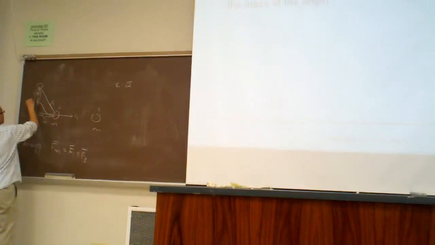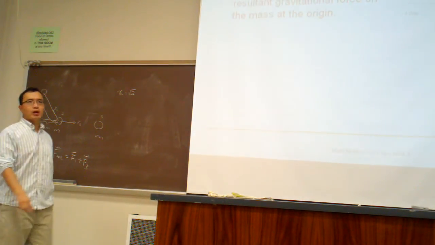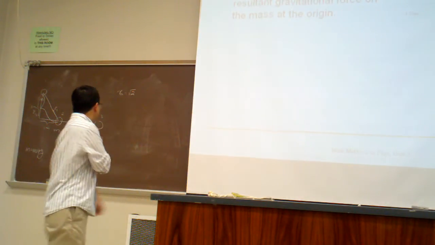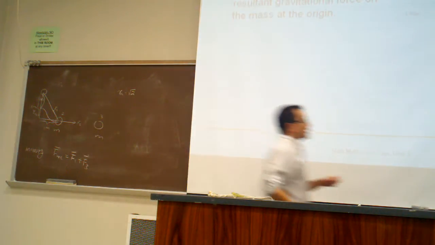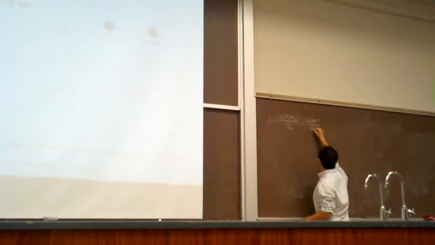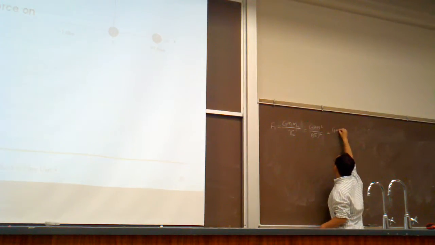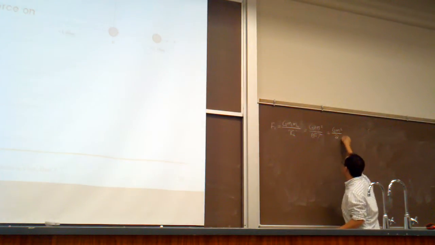This is 1 meter, and this is 1 meter, so this is the hypotenuse, the square root of 1 squared plus 1 squared, so the square root of 2. Then you can calculate this as G multiplied by M squared divided by the square root of 2 squared, or G M squared divided by 2.